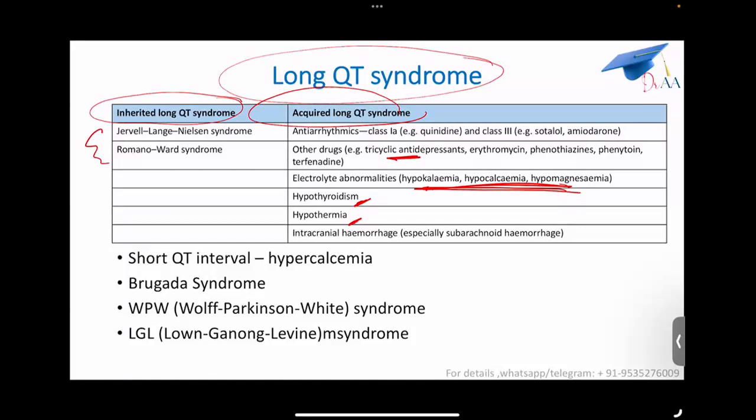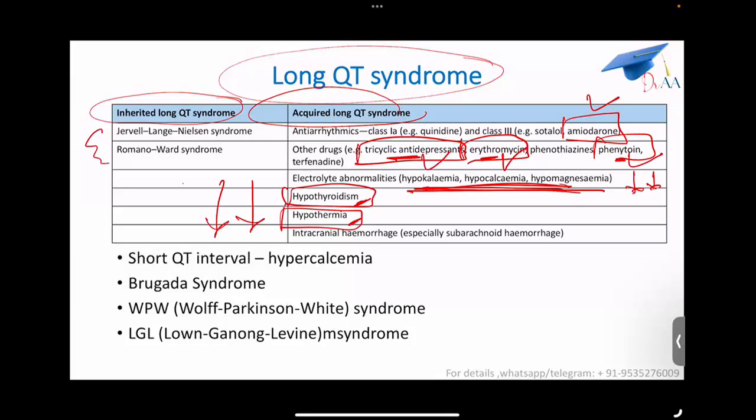Tricyclic antidepressants, erythromycin, phenytoin. Remember at least these 3 drugs, especially tricyclic antidepressants, phenytoin, erythromycin, important from the exam point of view. And remember that amiodarone also can cause prolongation of the QT. Electrolytes are all going low: hypocalcemia, hypokalemia, hypomagnesemia, hypothermia, hypothyroidism.